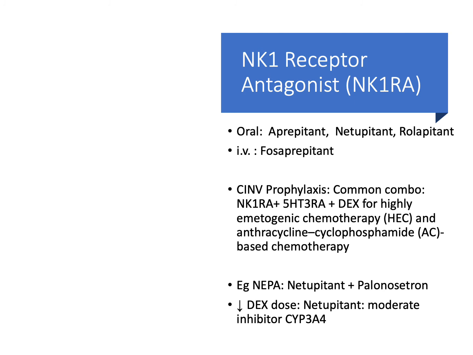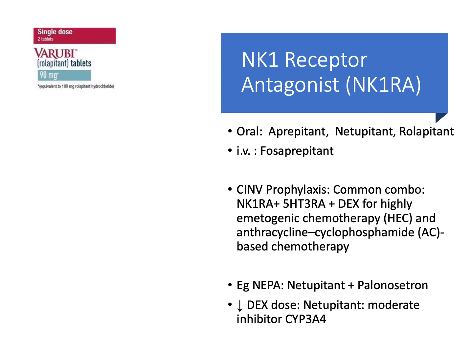In relation to this point, if you add in netupitant, you need to reduce the dexamethasone dose given, because netupitant is a moderate inhibitor of CYP3A4. It slows down the metabolism of dexamethasone, so there might be a greater chance of accumulation of dexamethasone in the body. Therefore, the dose that you give has to be a lower one.